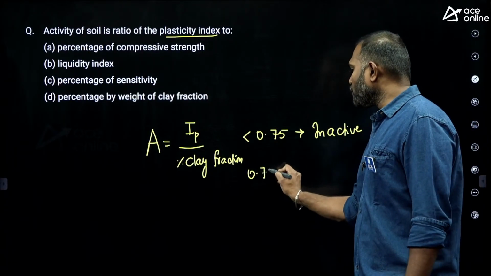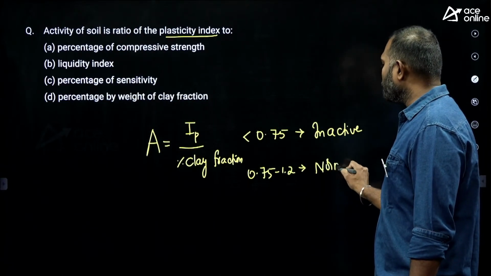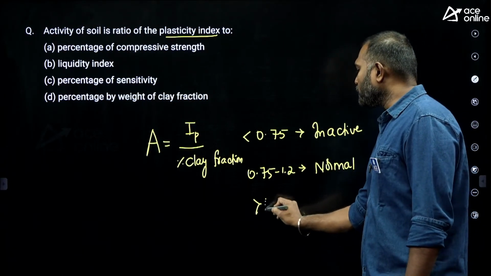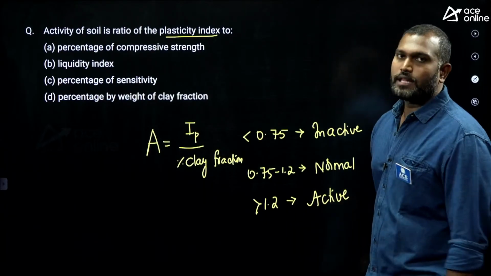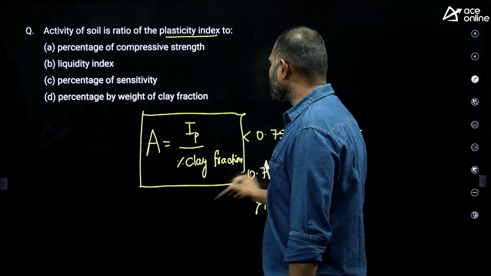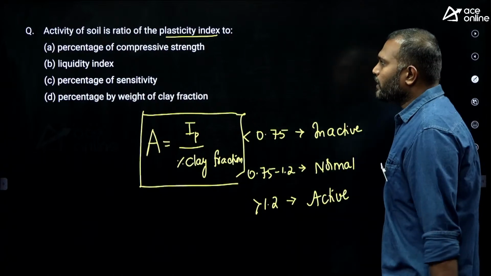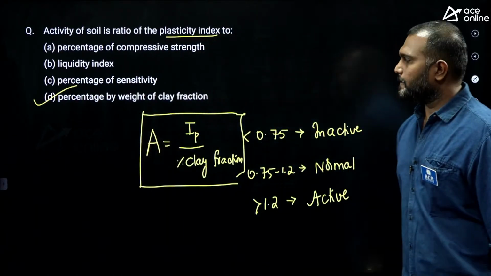If it is between 0.75 and 1.2, then we call it normal. If the activity is more than 1.2, we call it active. So the activity will give you an idea about how much swelling and shrinkage that soil can undergo. From the given options, it's the percentage by weight of the clay fraction, option D.